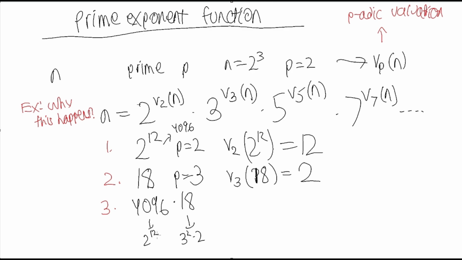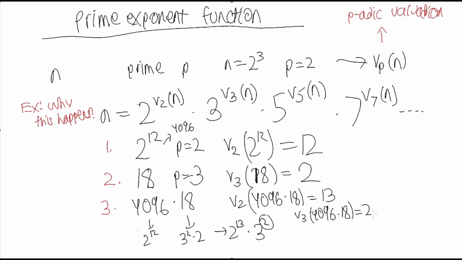So if we multiply these two, we know that the 2 to the 12 and 2 will combine into 2 to the 13, and therefore nu 2 of this number is equal to 13 because it's up here. And likewise, for nu 3, we multiply the 3 squared over here with the 3 to the 0 over here. So that becomes 3 squared. And therefore, nu 3 of 4096 times 18 is equal to 2, because that's the exponent of the 3.